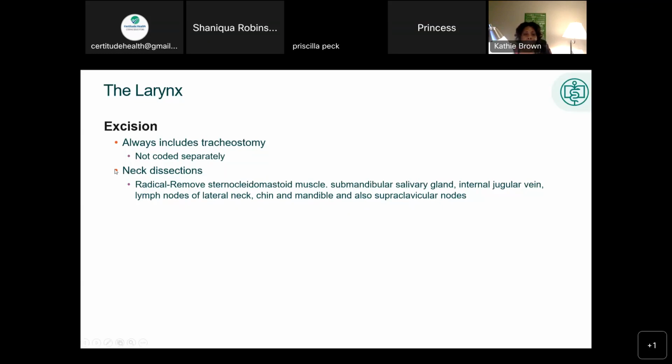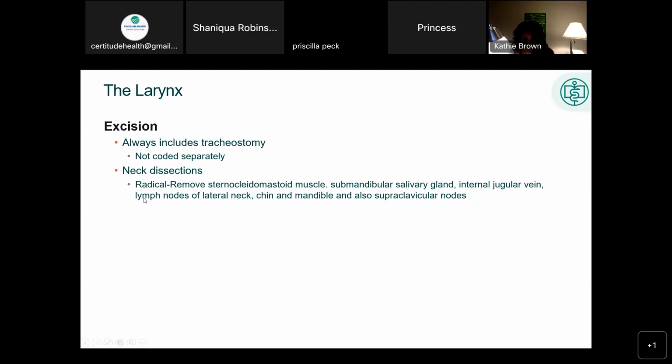So makes sense. Neck dissections, when they say they're doing a neck dissection, they're typically talking about lymph nodes. And the distinction there would be radical, meaning they took out everything, all of these things, in one surgery.